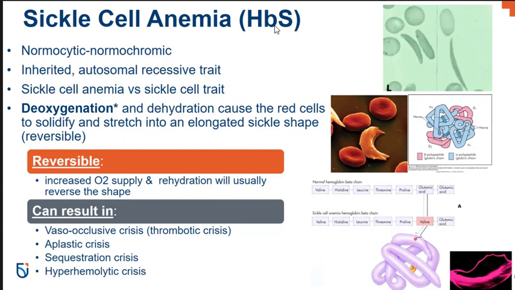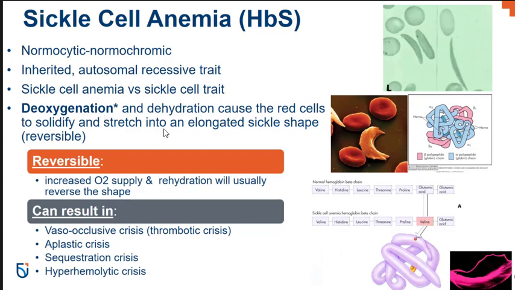So what exactly happens? Well, the red blood cells will start off as just normal looking red blood cells, normocytic red blood cells, circulating through the body, but under certain circumstances, they can all of a sudden sickle and become this very rigid, sickled shape that doesn't move very well.